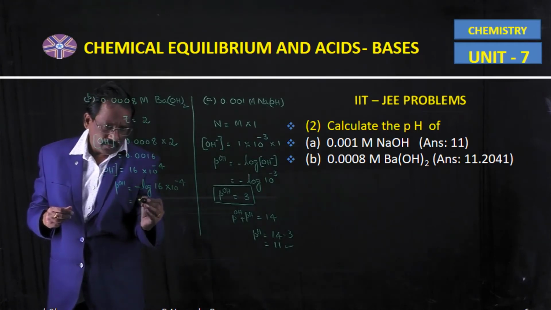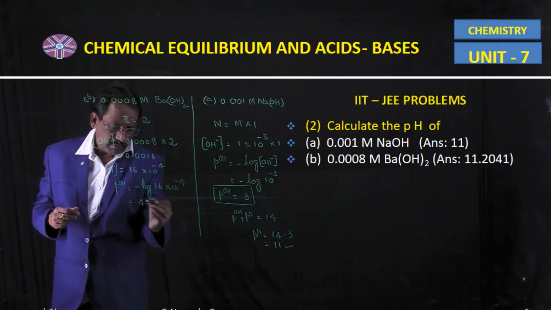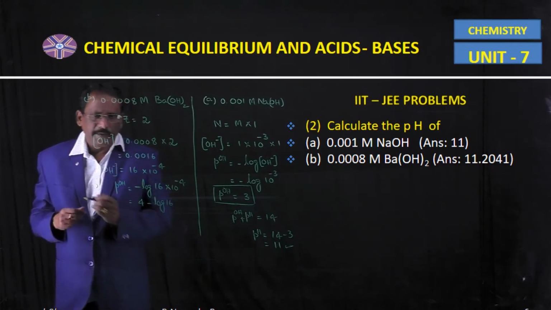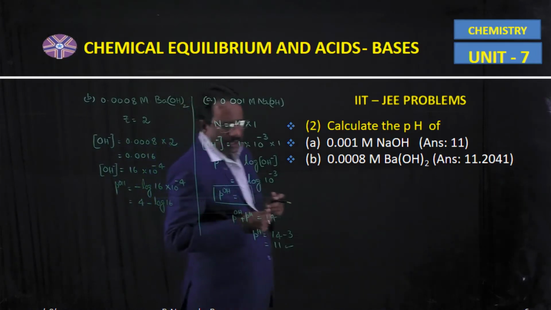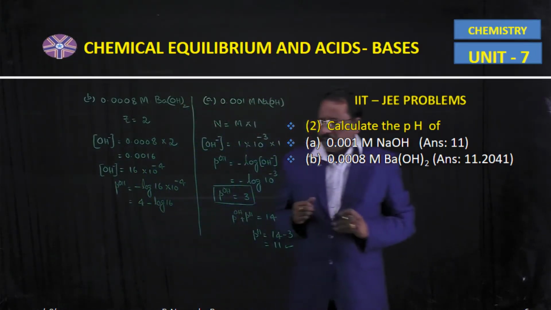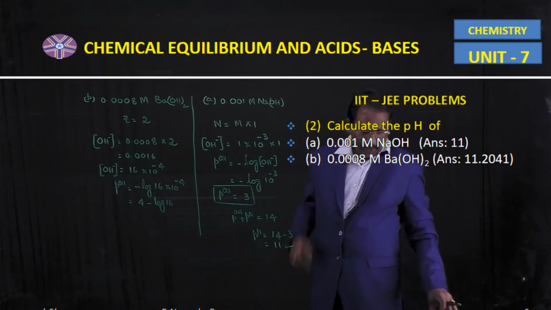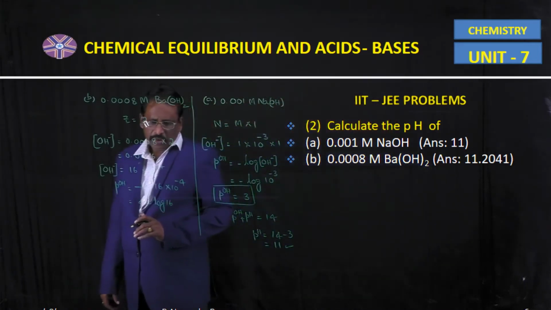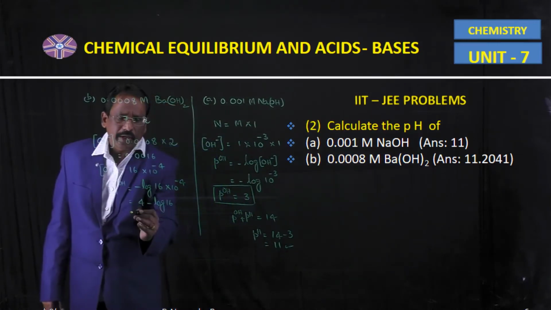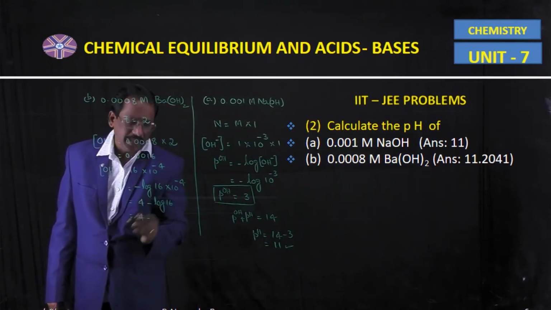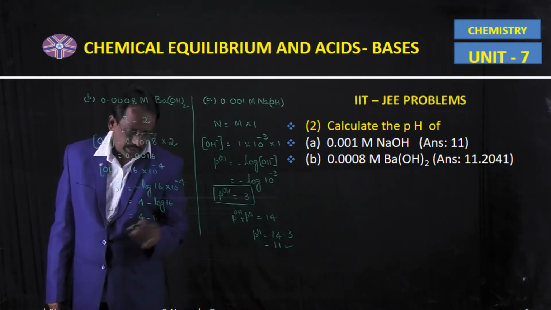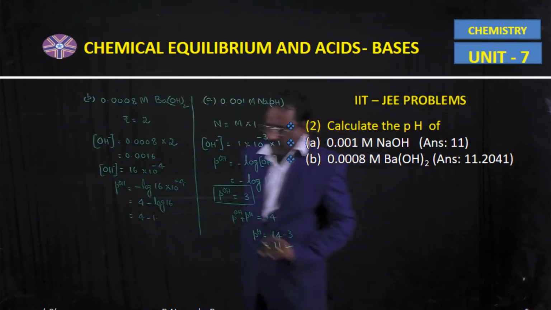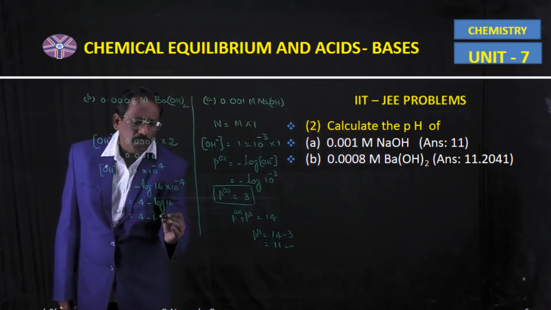This is equal to 4 minus log 16. So for log 16 the characteristic value is 1 and the logarithm value is 0.2041.